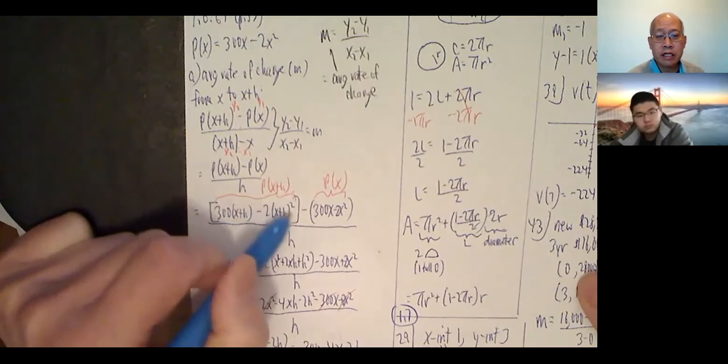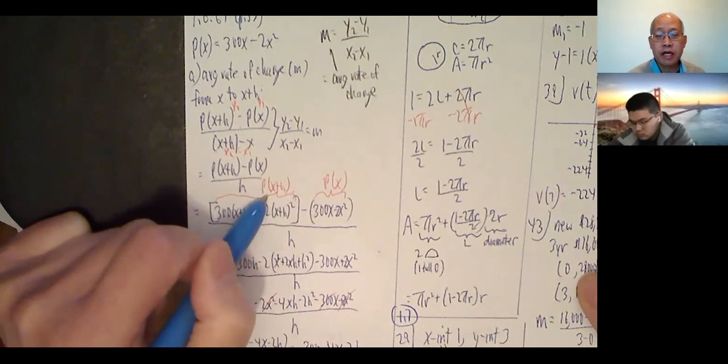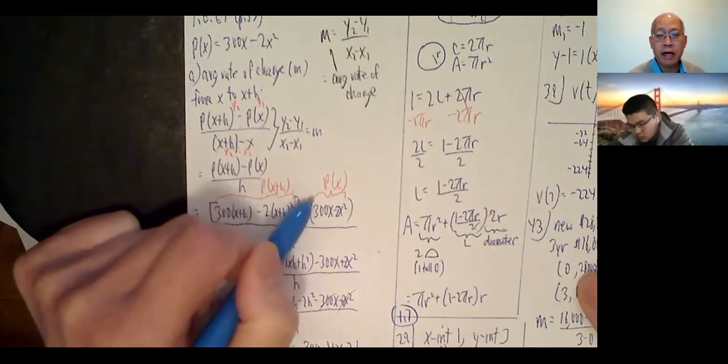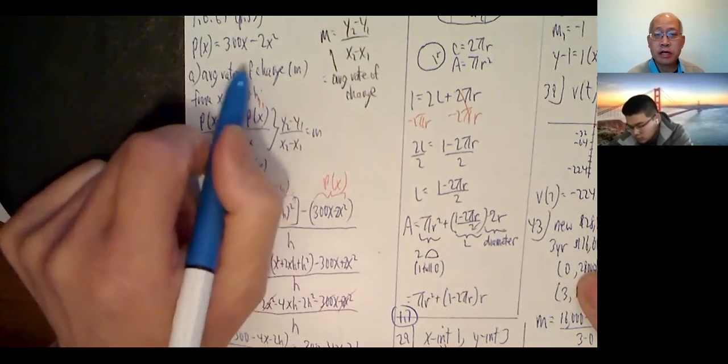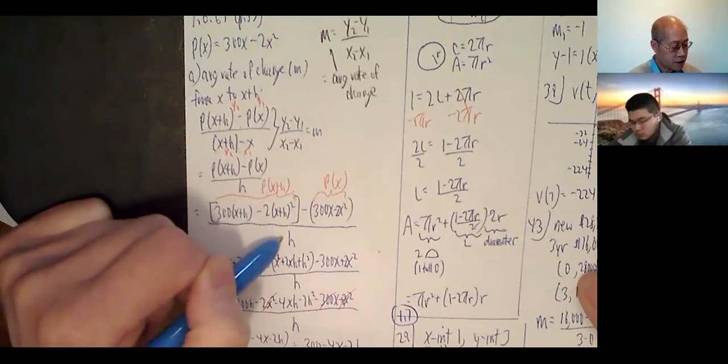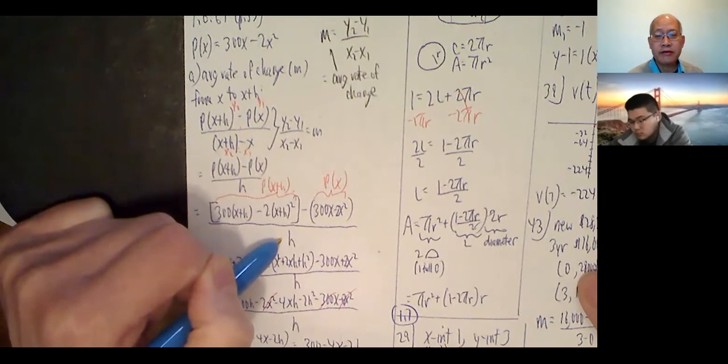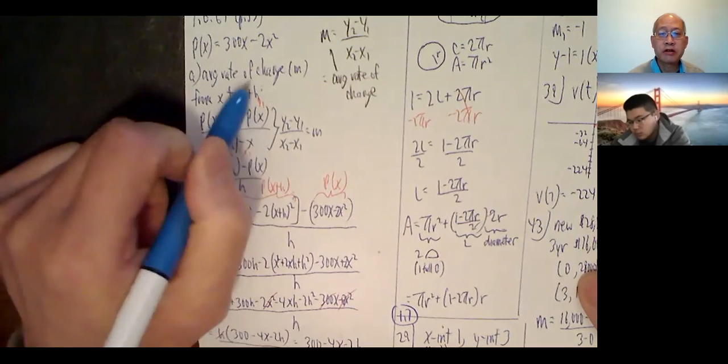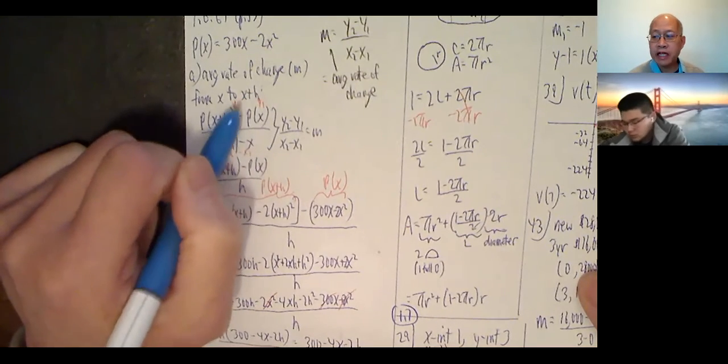So all of this mess right over here is my P of X plus H, minus this is P of X, which is just the original function in parentheses, and I'm dividing the whole mess by H. And then I have some heavy duty algebra after that. So that's considered the average rate of change from X to X plus H.